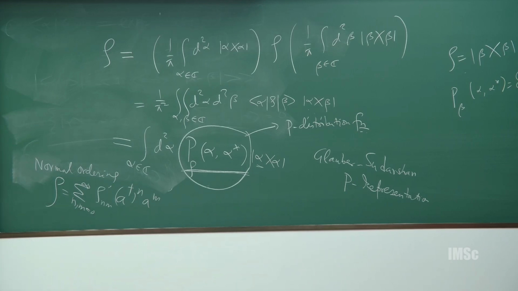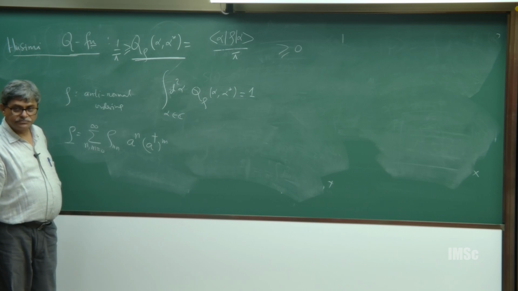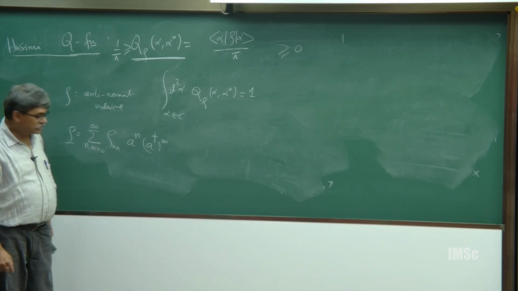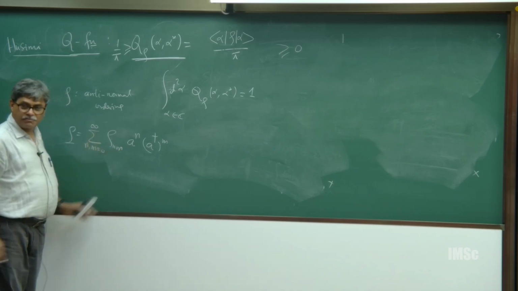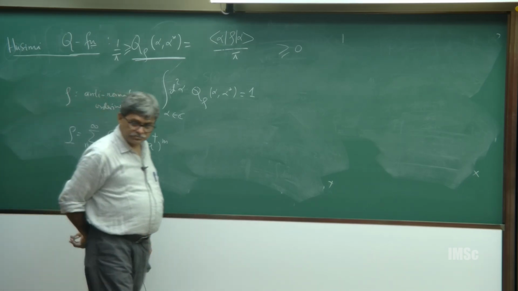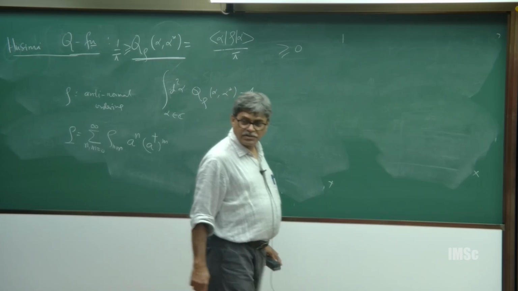So, these are the coefficients. No, see, this is an operator. Every operator of your system can be written in this way, in terms of powers of a and a dagger, that you can always write. Is it rho m n? N M, sorry, N M. This is a coefficient, okay.